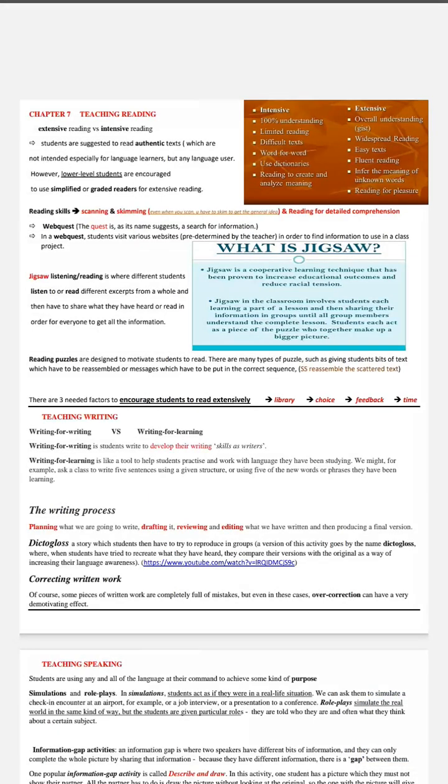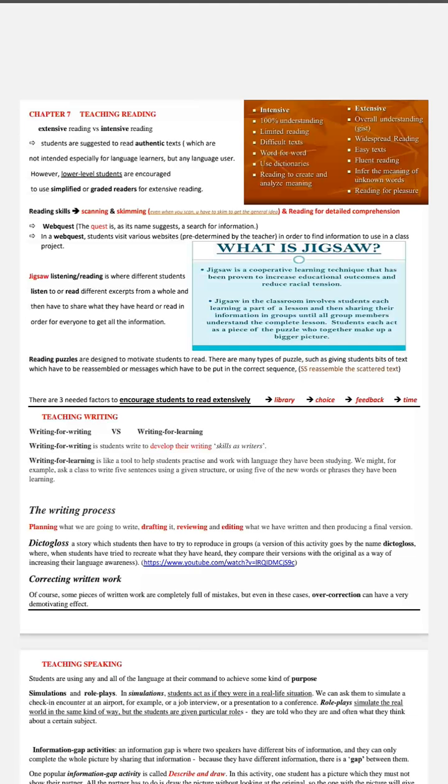So we will move to chapter number 7, teaching reading. Extensive reading with intensive reading. Students are suggested to read authentic texts, which are not intended especially for language learning or learners, but any language user.